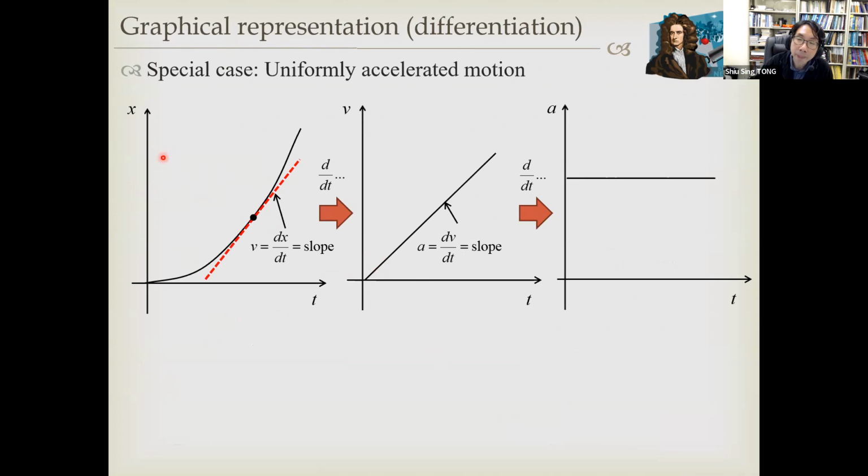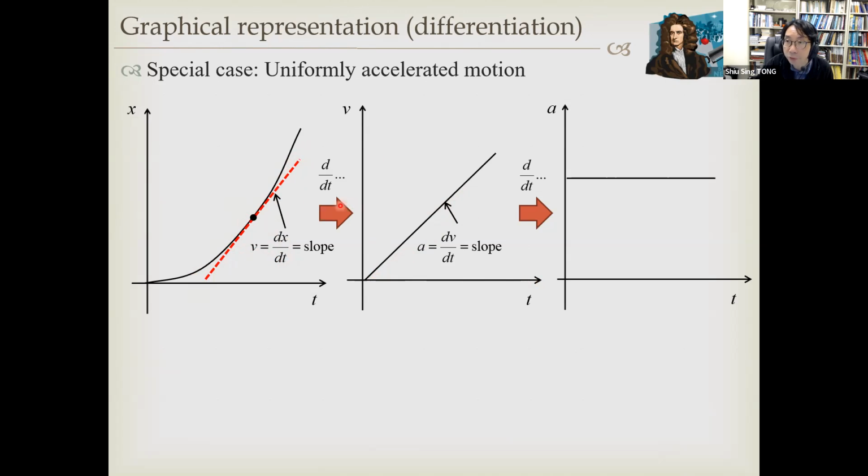Now remember, when we study motion at the beginning, we start with a description of motion by specifying x as a function of time. And as we said, the velocity is the derivative of x with respect to time, represented graphically by the slope of the tangent to the x-t graph. If you plot the slope at different points, you will end up with a graph of the velocity versus time.